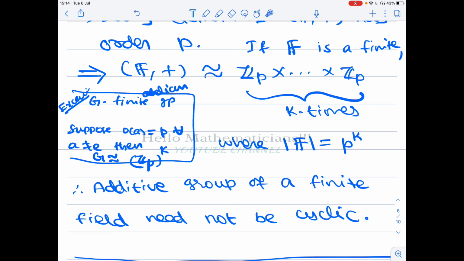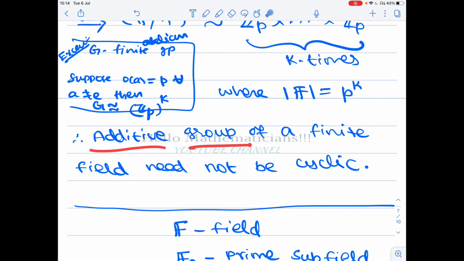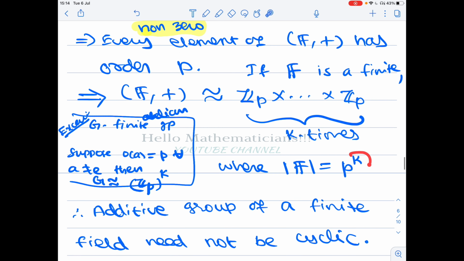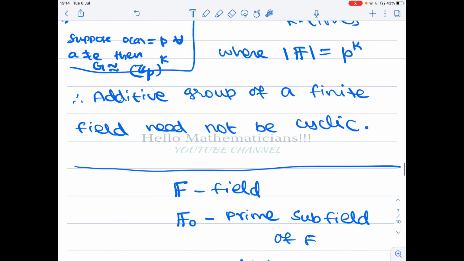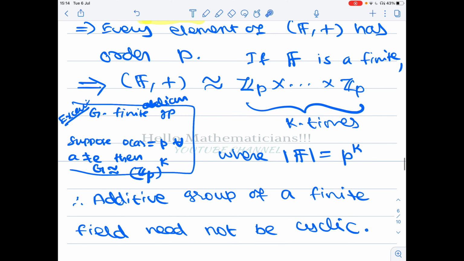Therefore, there is no element of order P power K, so this group is not cyclic. So we conclude that the additive group of a finite field need not be cyclic. Only if K equals 1, in that case we will have only one ZP, and the additive group will be cyclic. Otherwise, the additive group of a finite field need not be cyclic.